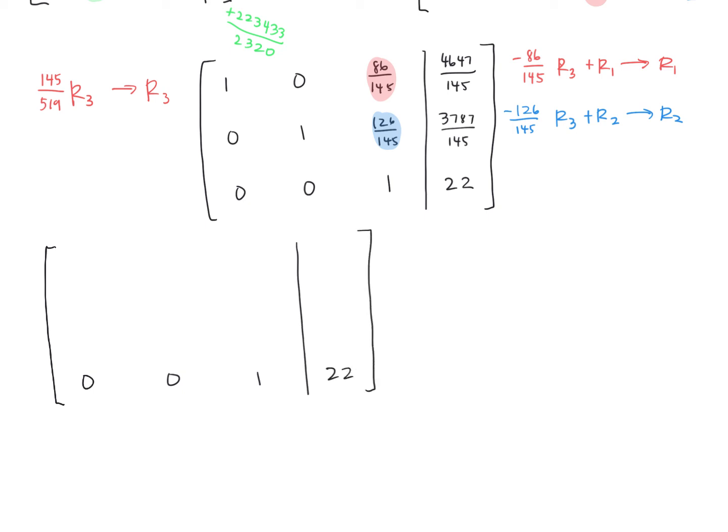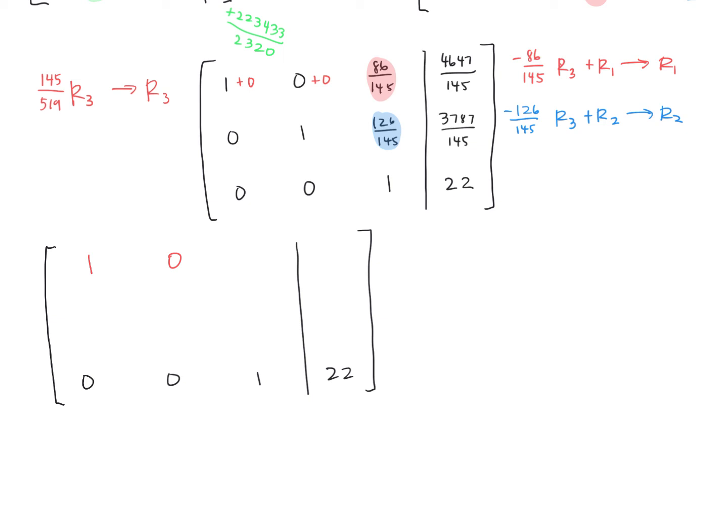Okay, let's look at row 1. So I have to multiply row 3 by the negative 86 over 145. So 0 times that is 0, so I'm going to add 0. 1 plus 0 is 1. 0 plus 0, 0. Remember, what you're doing here shouldn't impact the zeros and ones that you've previously gotten.